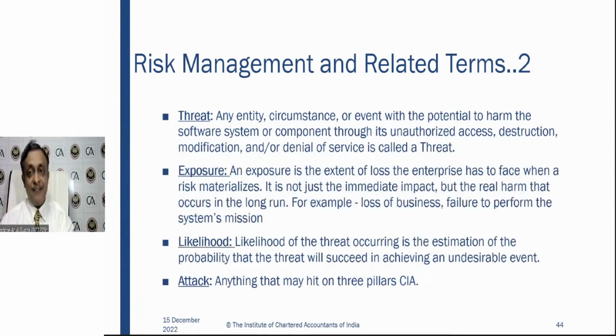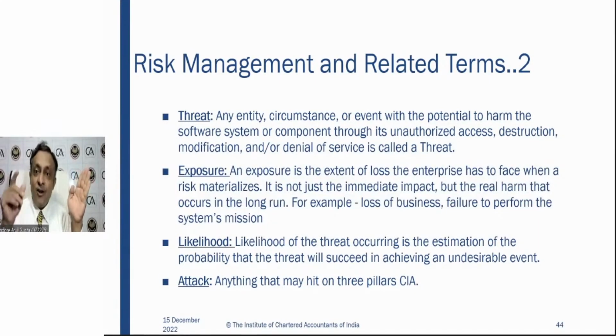Any entity, circumstance, or event with the potential to harm the software system or component through its unauthorized access, destruction, modification, or denial of service is a threat. So the one who is going to exploit weakness is threat.